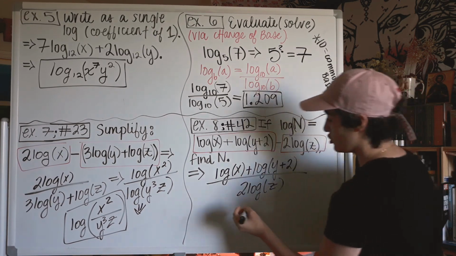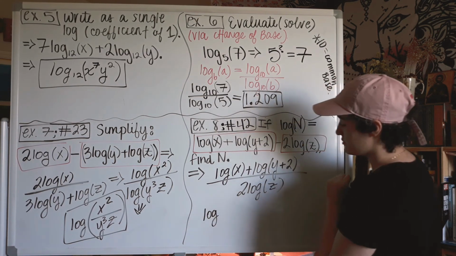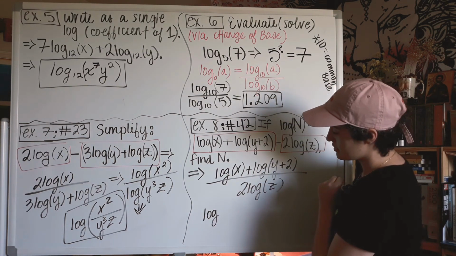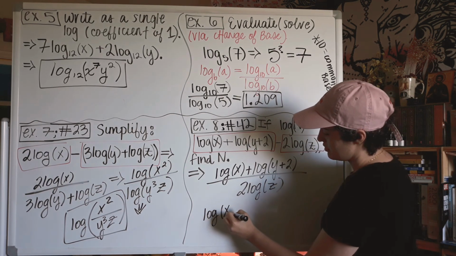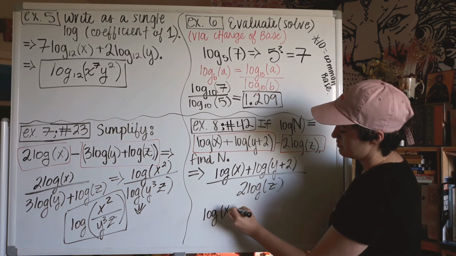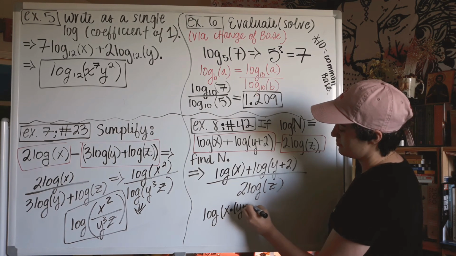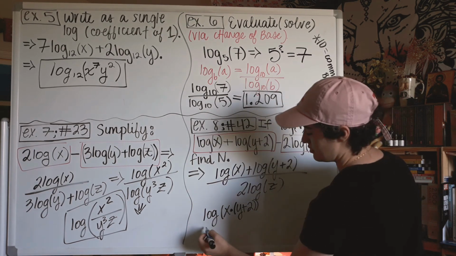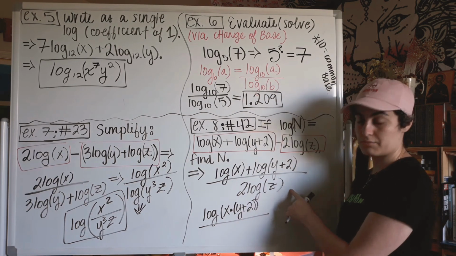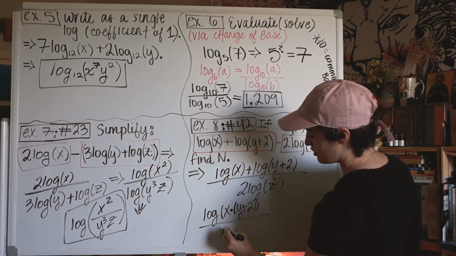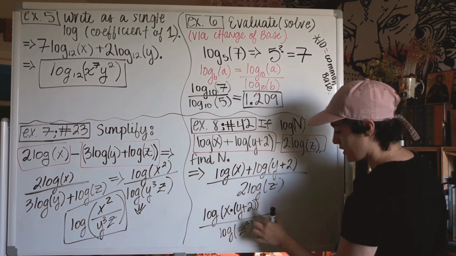So it's going to be log of x times y plus 2 over, here is law number 3, so log of z squared.